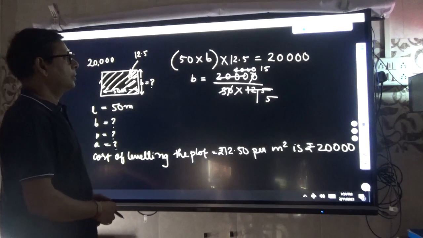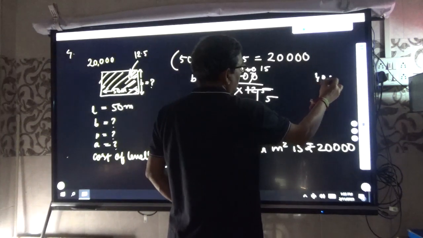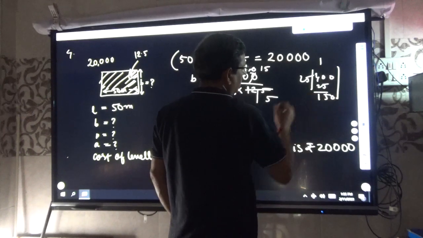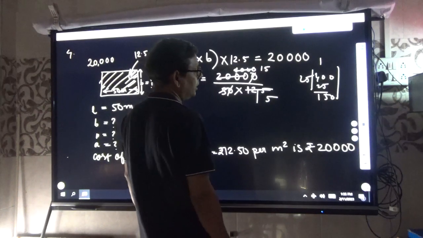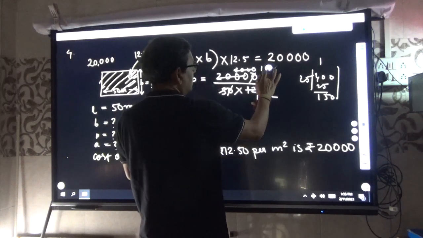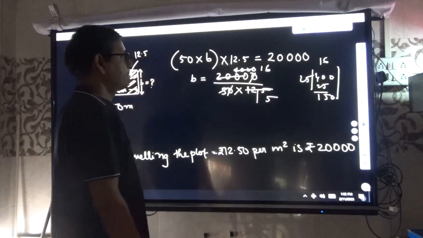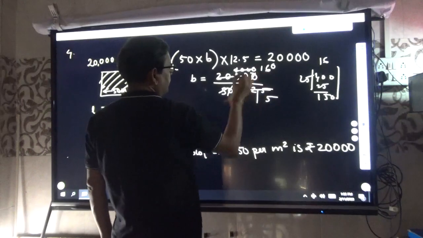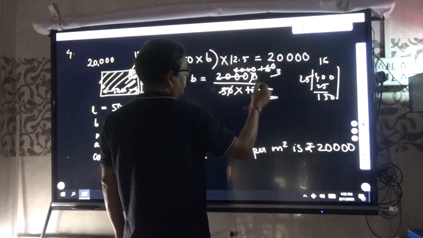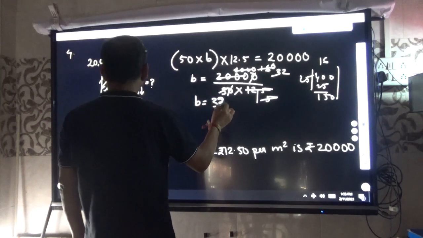So 400. Okay, so 25 into 6 is equal to 150. And 10 is there. So 5 3s are 15, 5 2s are 10. So the breadth is equal to 32 meters.